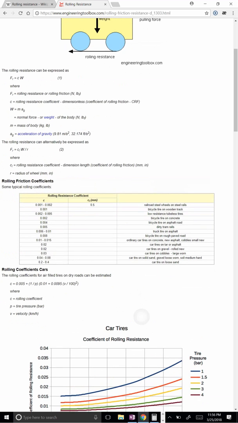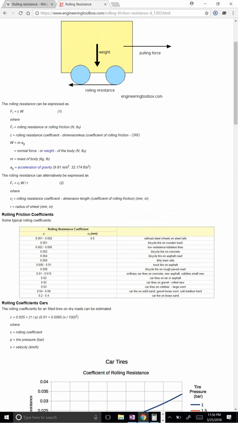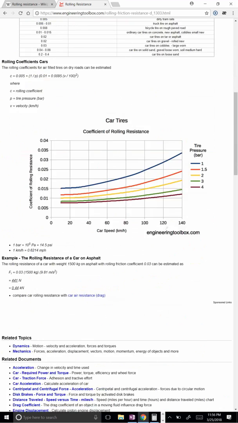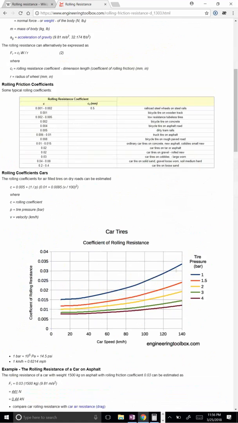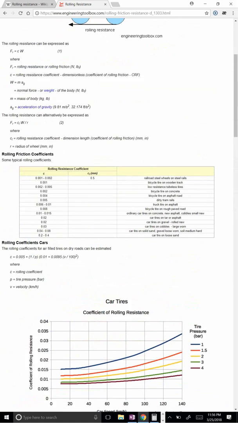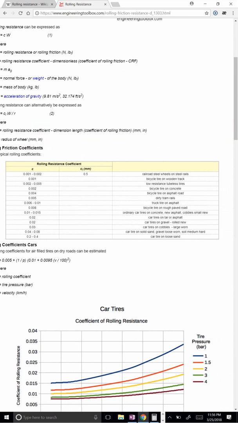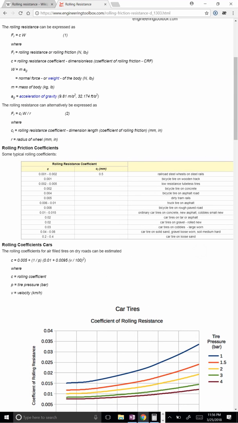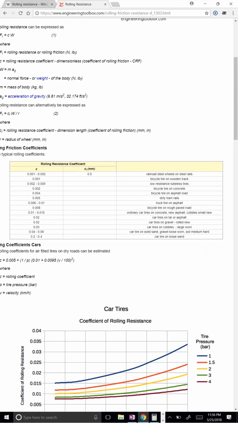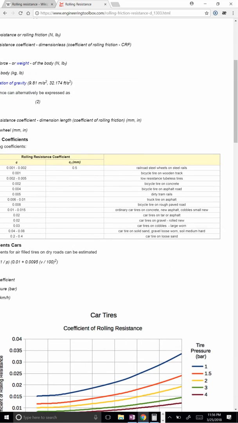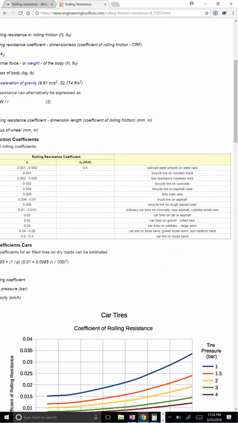Now what we'll see here is we have the weight of our vehicle, whether it's a full-size car or an RC car. Then we need to get some of our coefficients. Those coefficients are generally found by research and testing. Maybe one of these times I'll have to test what an actual RC car's rolling resistance is and how to measure that.